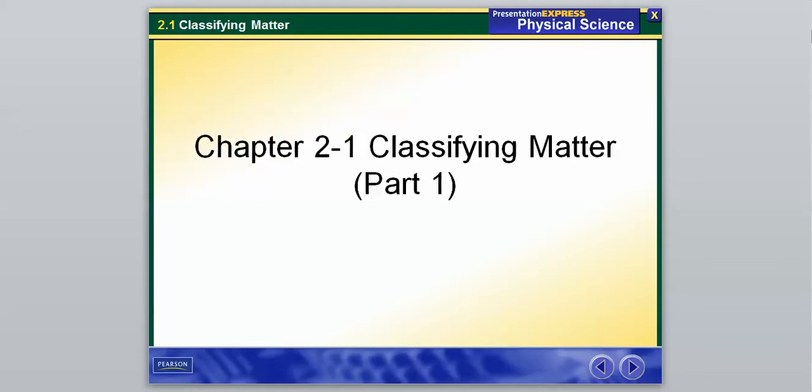The title of our first section, which we have broken up into two parts here, is called Classifying Matter. We mentioned matter early on when we talked about the big ideas within physical science. However, they didn't really give us a definition of matter, so I looked one up on the internet.